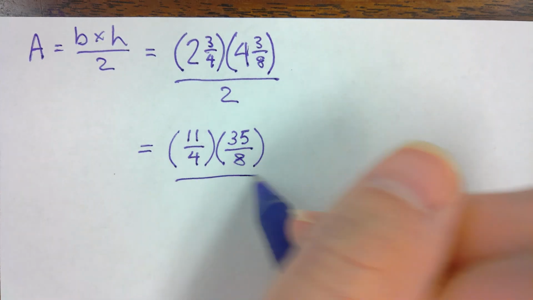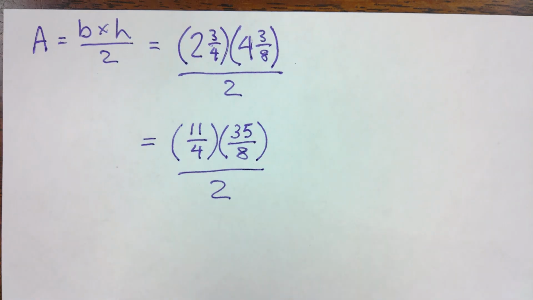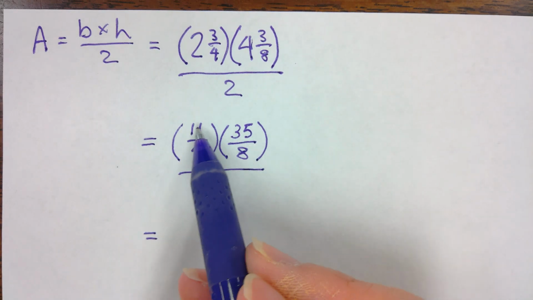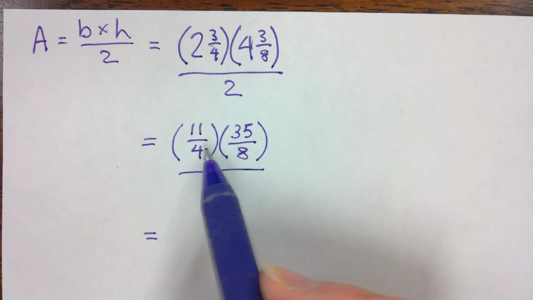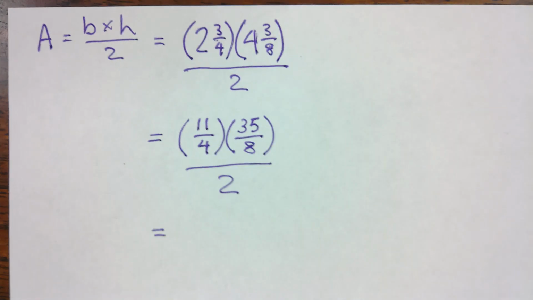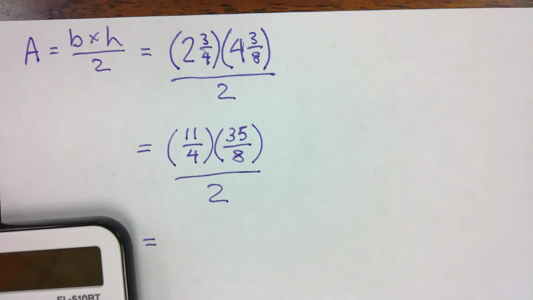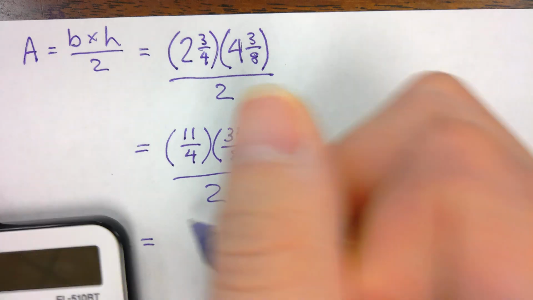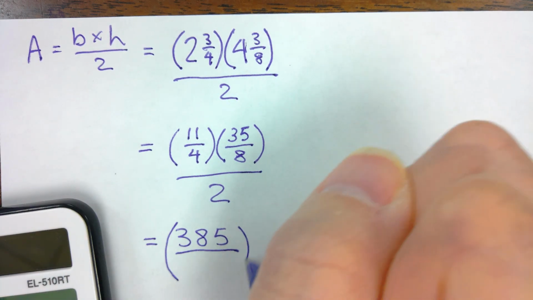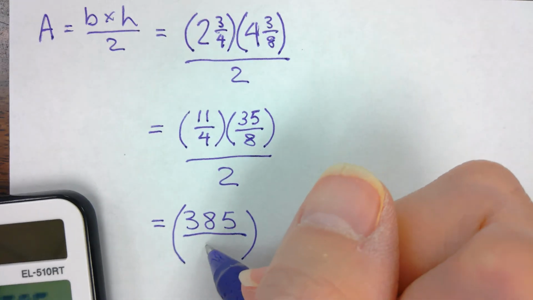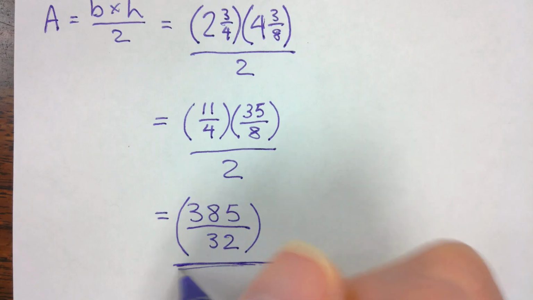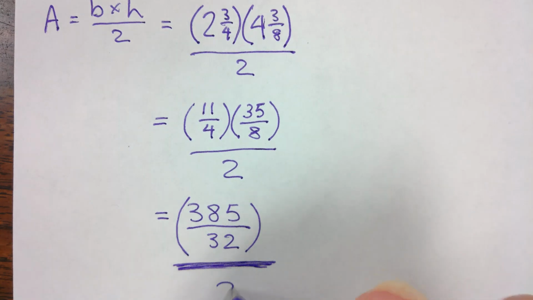Now again, a fraction times another fraction means I'm just multiplying the top with the top, bottom with the bottom. So 11 times 35, I get 385, and then 4 times 8, I get 32. All this over 2.